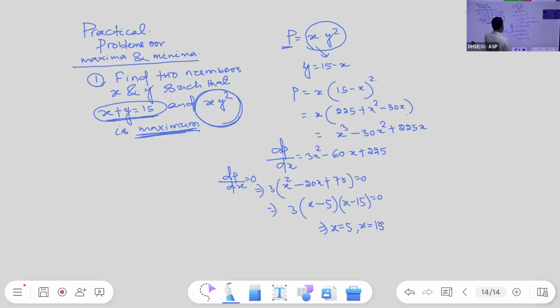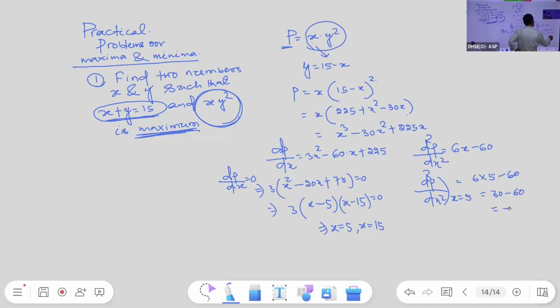For confirmation, we have to take the higher order derivative. d square p upon dx square is equal to 6x minus 60. At x is equal to 5, it is 6 into 5 minus 60, which is 30 minus 60, equal to minus 30. So d square p upon dx square is less than 0.